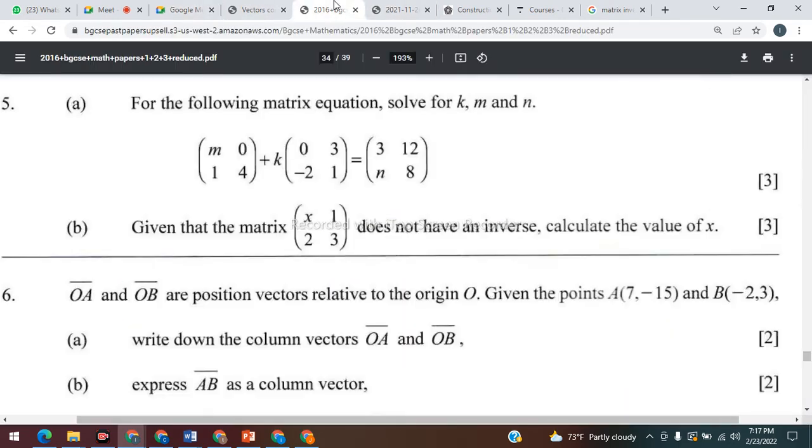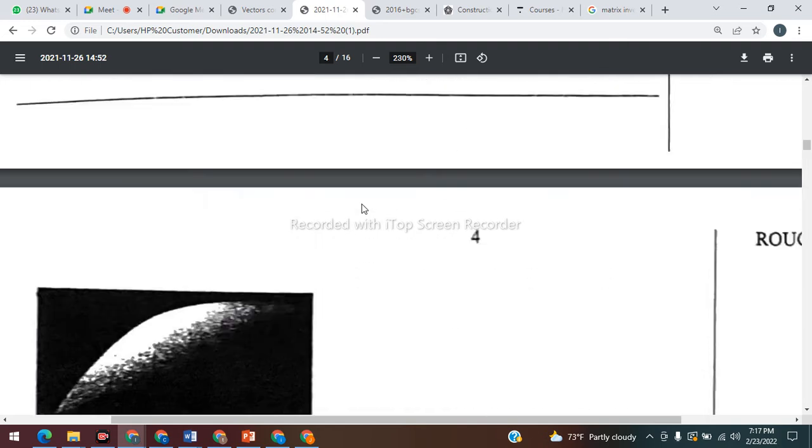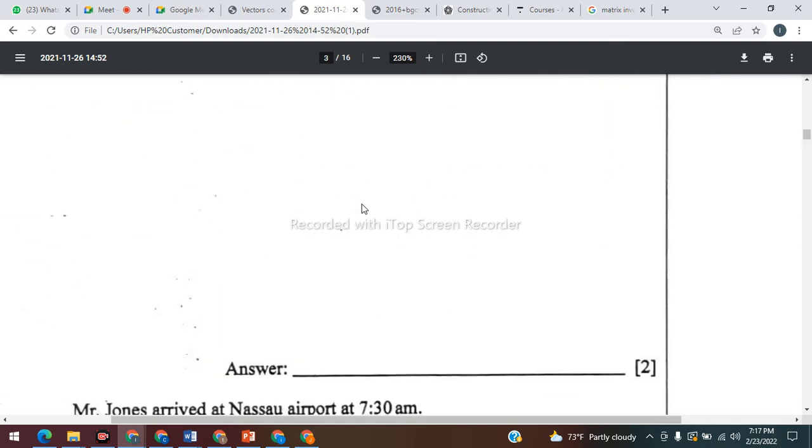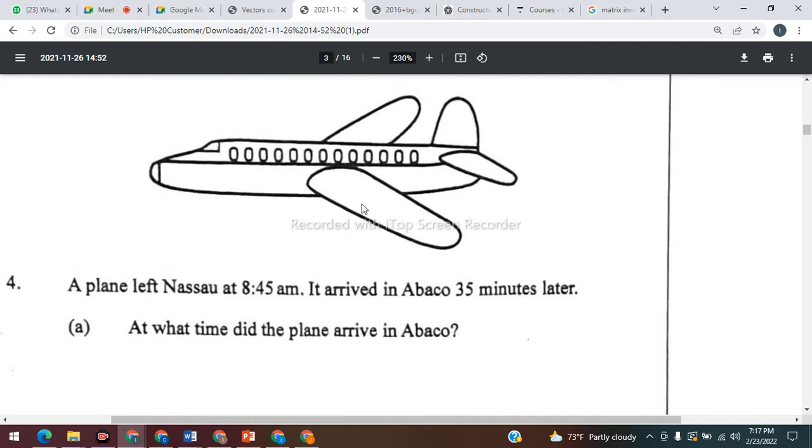All right, so let's go to the questions that we love. The questions that give us a break. One of my students is asking me, Mr. Petit, when are we gonna get the elapsed time? He loved those elapsed time questions from last semester. Okay, so elapsed time. A plane left Nassau at 8:45 a.m. It arrived in Abaco 35 minutes later.